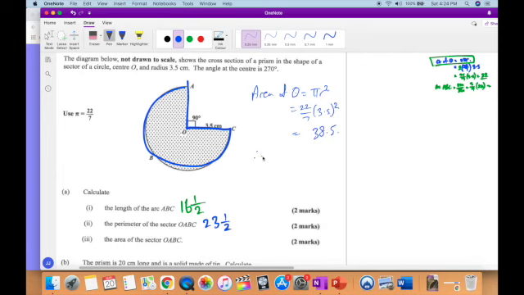And then therefore the area of the sector is equal to 3/4 of 38.5, which is 28.9. You got that? Alright, 28.9. Scotia, you okay with this stuff?